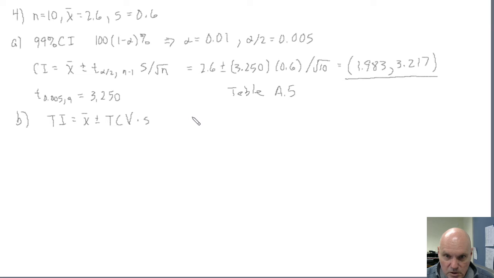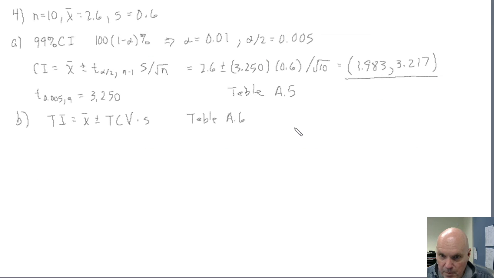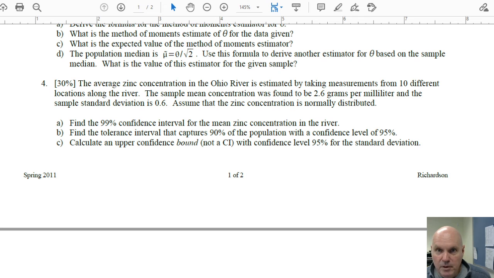And these tolerance critical values are in table 8.6, and let me refer back to, so we want 90% of the population, 95% confidence. We need both those values to actually get the right tolerance critical value out of this table. So now let me pull up that table.